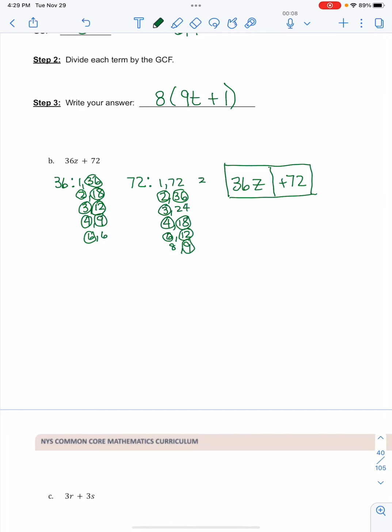So putting my 36 out here, 36 goes into 36 once, bring up my z. 36 goes into 72 positive 2 times. So to rewrite this, I have 36 in parentheses, z, or 1z plus 2.